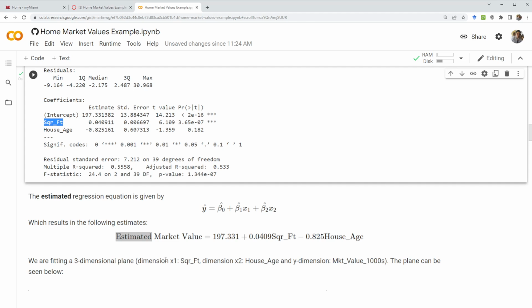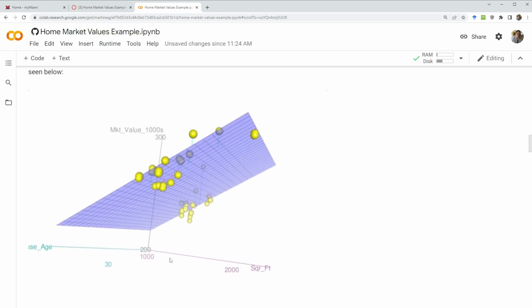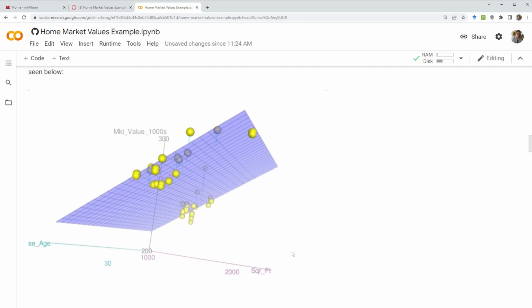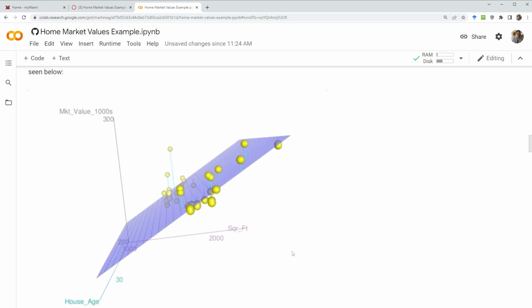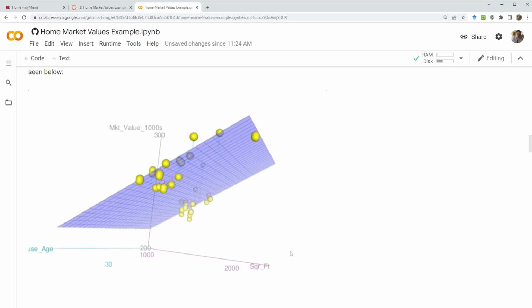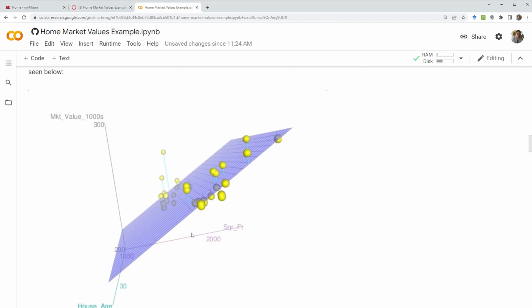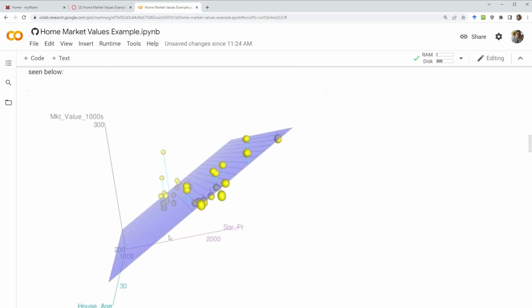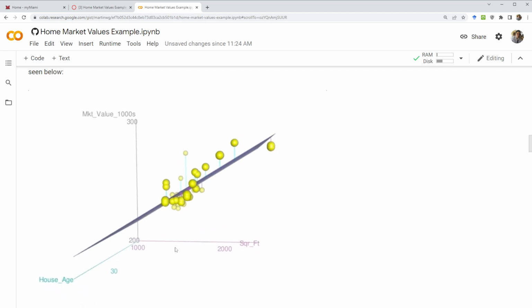and that's what we mean when we have a multiple linear regression. In this plane, you can better see this joint relationship because we have only two predictors. We are able to visualize this. And unfortunately, we can't do this when we have more than two predictors.